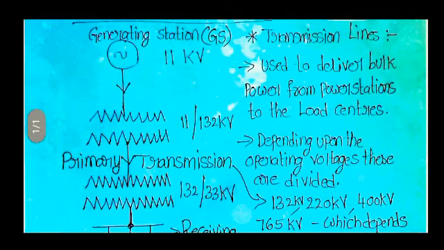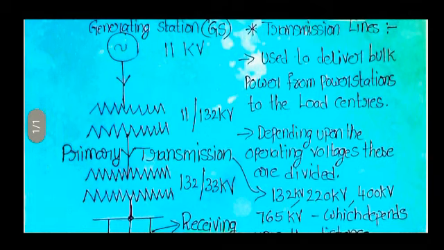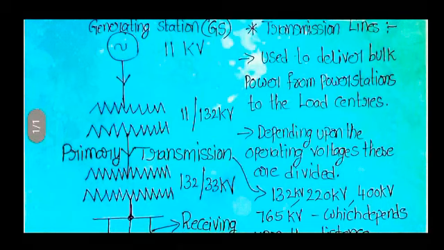So in the primary transmission lines, the operating voltages are 132 kV, 220 kV, 400 kV or even 765 kV. These mainly depend upon the distance and the amount of power to be transmitted for system stability from the generating stations.